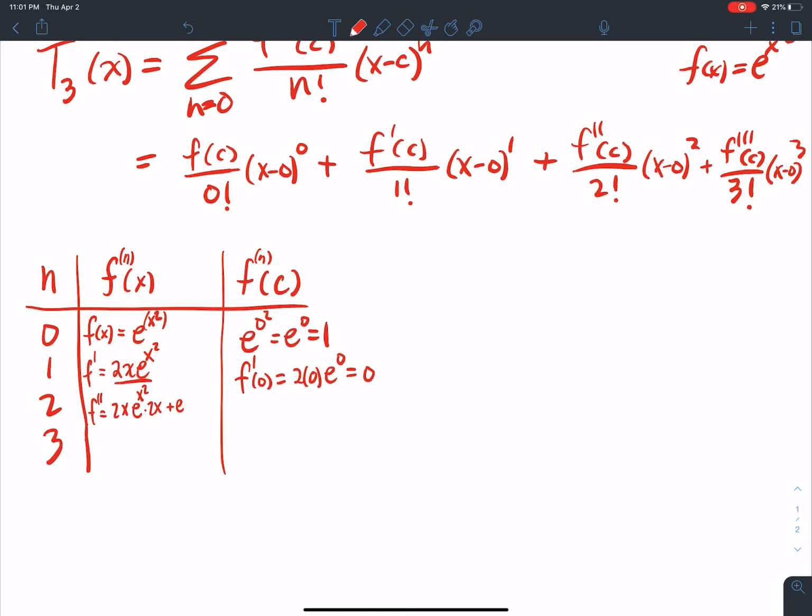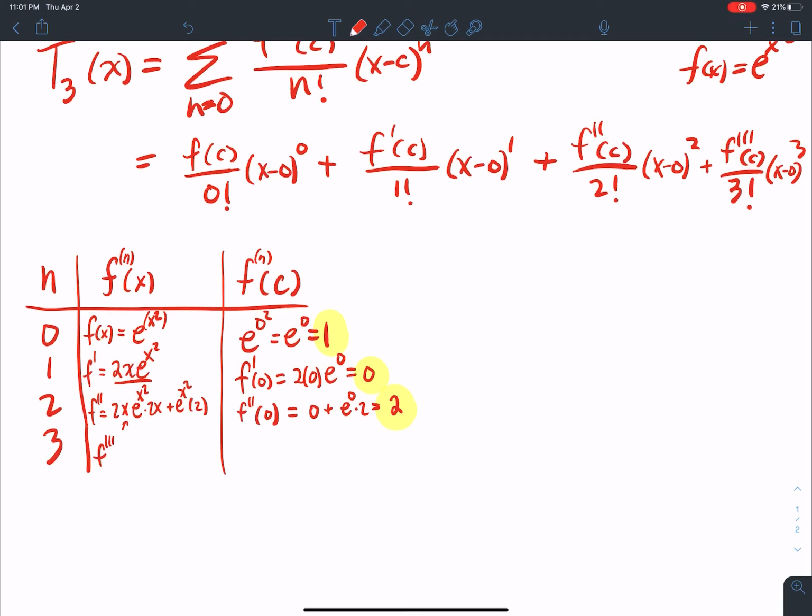Plus the second, e to the x squared times the derivative of the first, which is 2. Holy cow. F double prime of 0. Well, that first piece is 0. If I plug a 0 in, I get 0. The second part is e to the 0 times 2. So that's 1 times 2, which is 2. Okay, so not too bad. So the first one's 1, the next one's 0, the third one's 2.